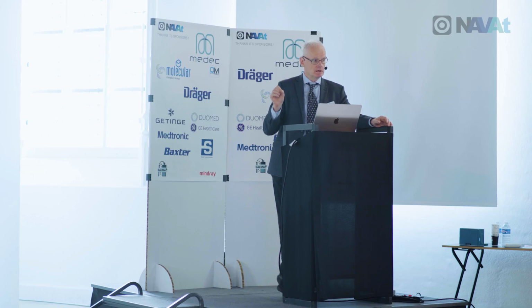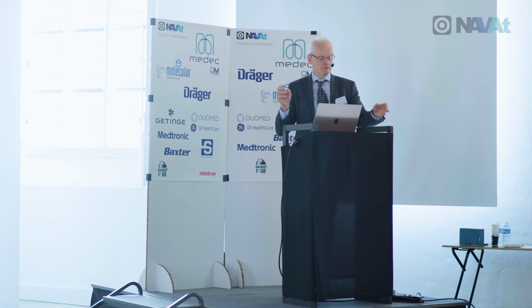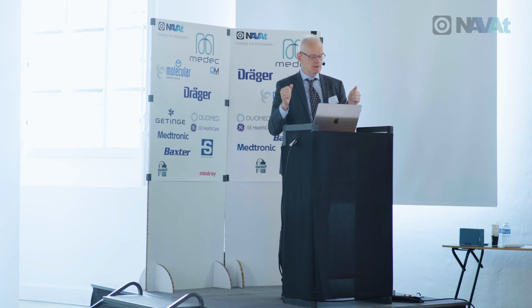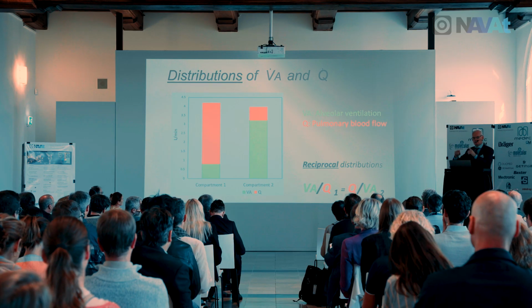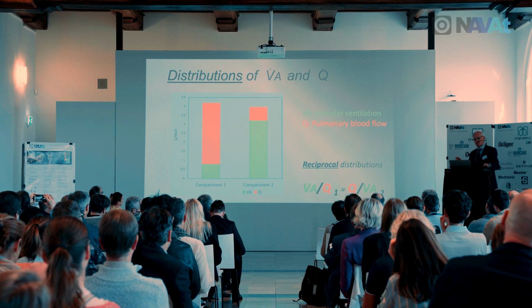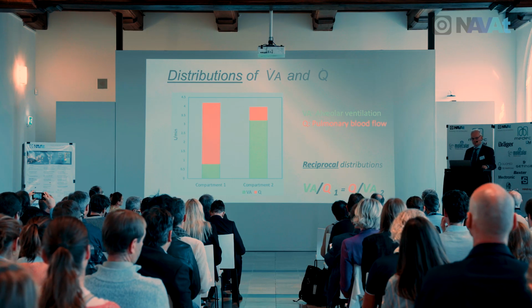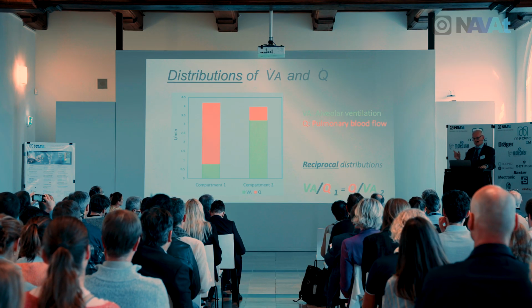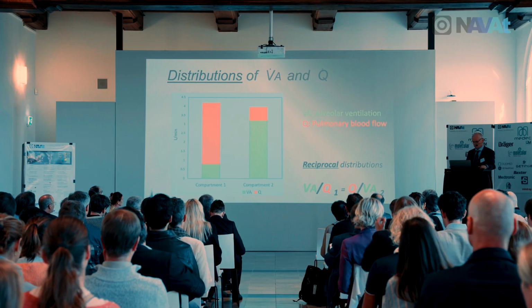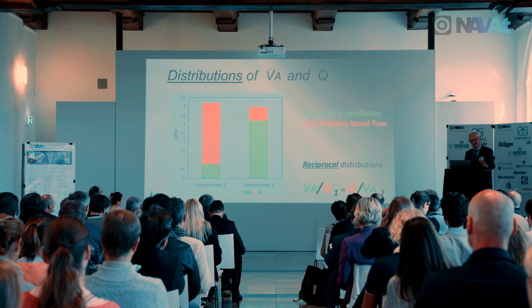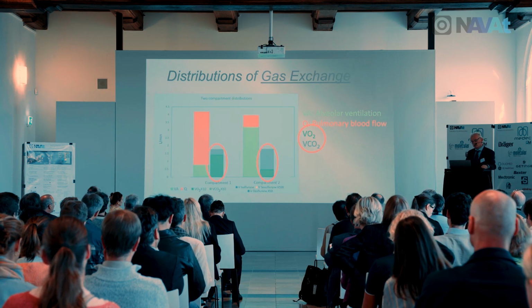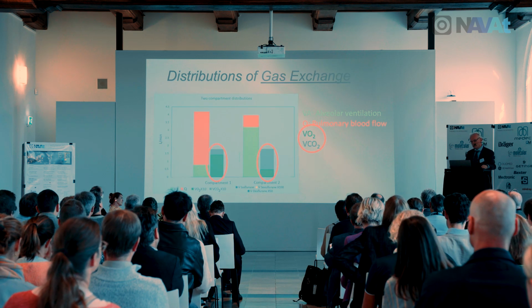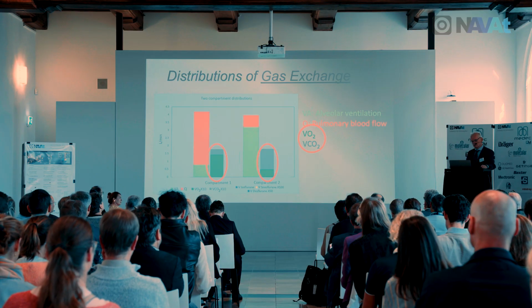For simplicity, I'm going to put to you that the easiest way to organise this is to say that the VQ ratio in one compartment is the inverse, the reciprocal, of the VQ ratio in the other compartment. That keeps it as simple as possible still. And I hope that William of Occam will be happy with me doing this. So we can then go on and say, okay, what's the gas exchange that we compute from these distributions going to look like?